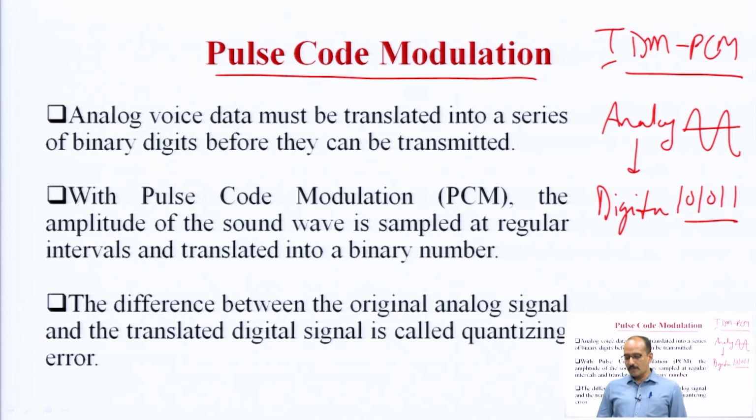In pulse code modulation, basically analog voice data must be translated into a series of binary digits before it can be transmitted. With pulse code modulation, the amplitude of the sound wave is sampled at regular intervals and translated into a binary number, and the difference between the original analog signal and the translated signal is called quantizing error.